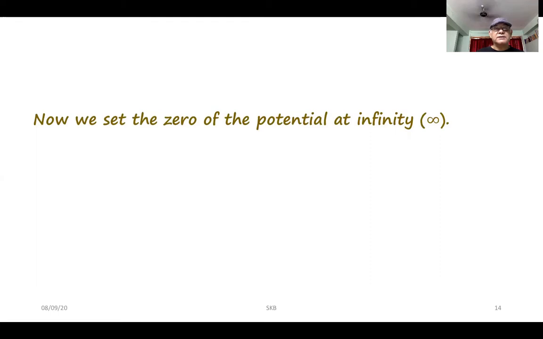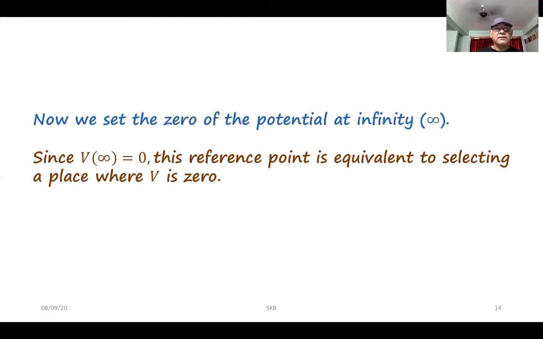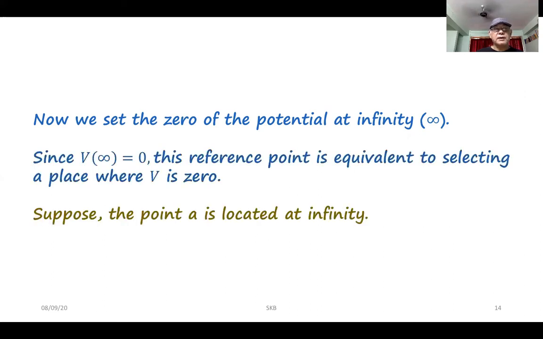Now we set the zero of the potential at infinity. Since V at infinity is equal to 0, this reference point is equivalent to selecting a place where V is equal to 0. Suppose the point A is located at infinity.